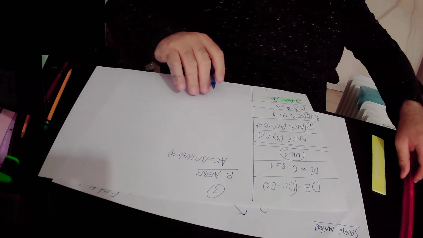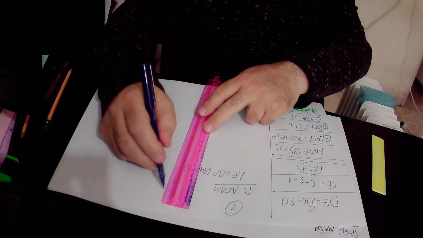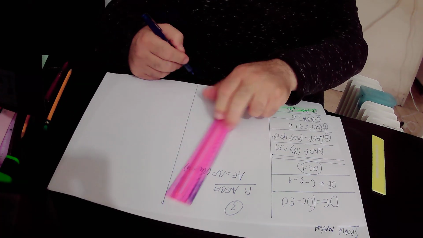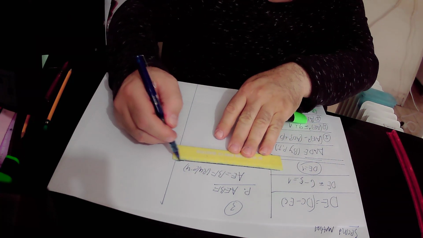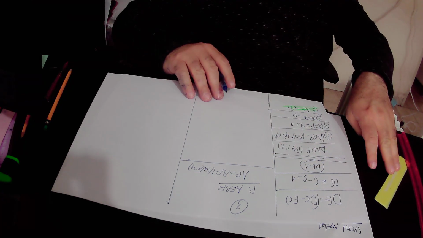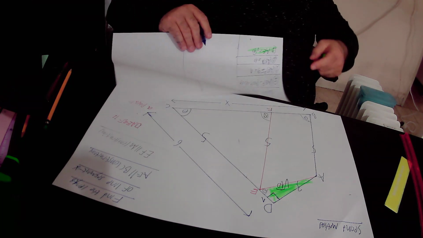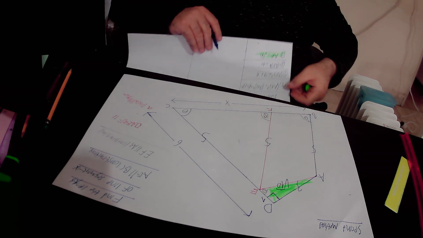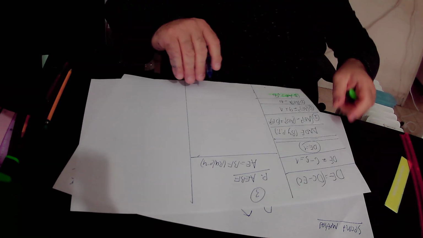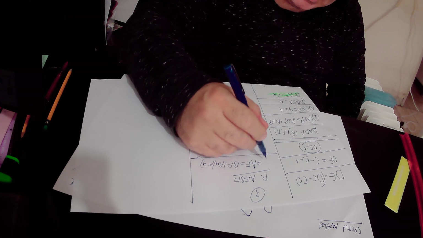But AE equals the square root of 10 units.